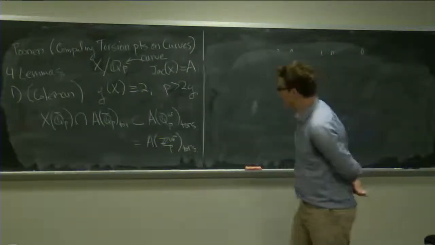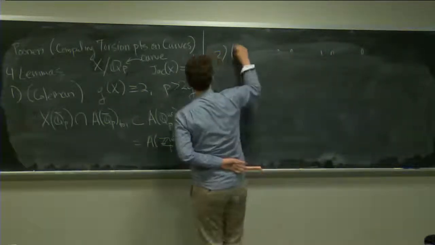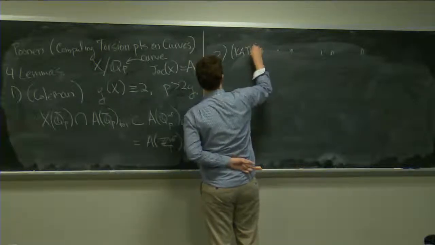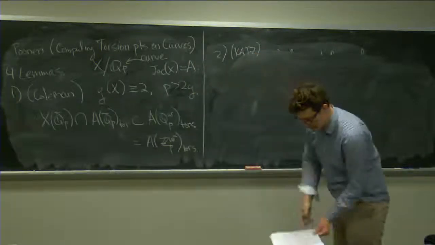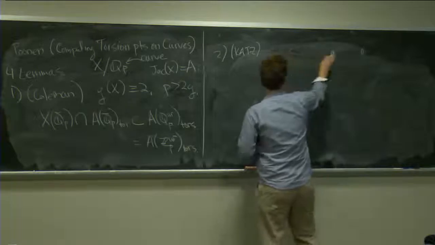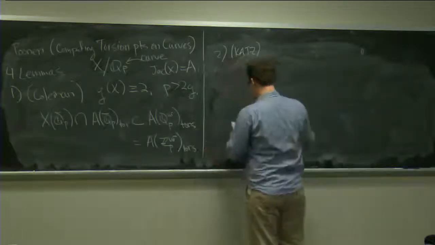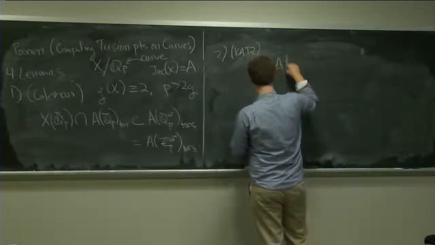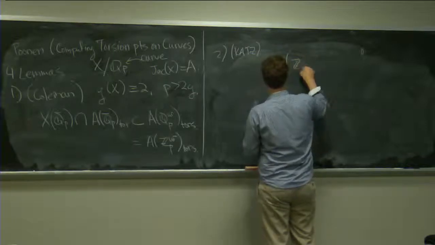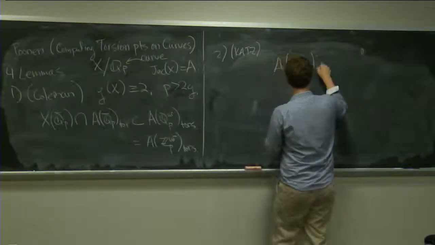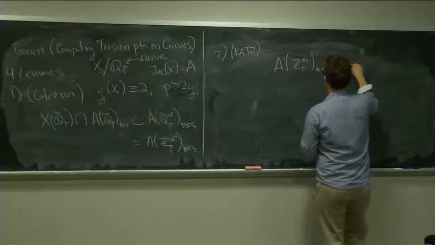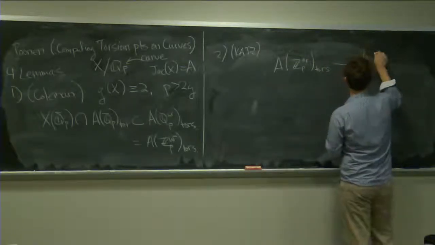So then there's a theorem of Katz. I mean, I don't know if this is really Katz, but this is a formal group thing, and it says that, okay, let me do this again. For Zp unramified, these torsion points here, there's a natural reduction mod p map.